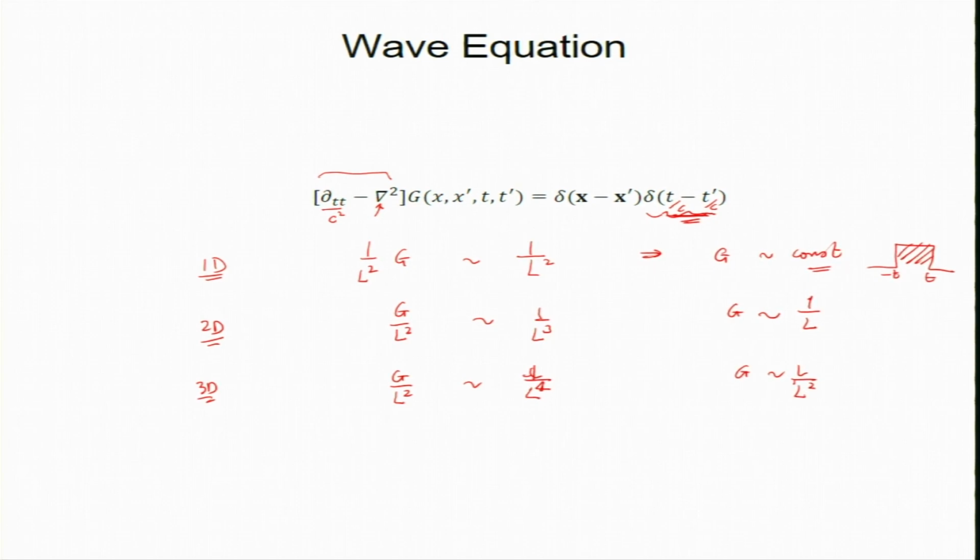What was the answer for 3D? The answer was delta of (R minus ct) divided by R, this is what I derived. This delta function has dimension 1 by L and 1 by R has dimension 1 by L, so it is 1 by L squared. So, it is consistent.